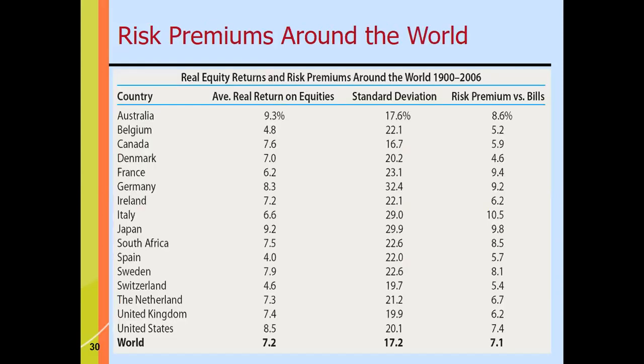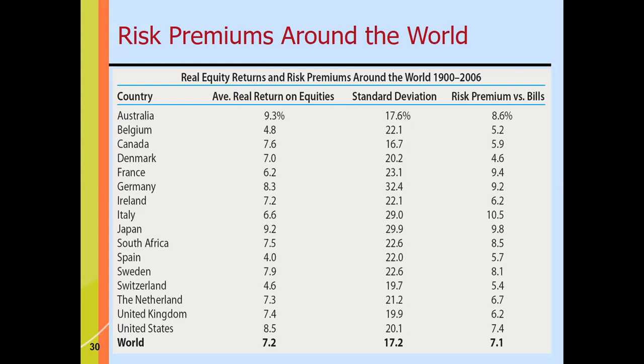And then these are the risk premiums around the world, just a sort of showing. The average real returns on equities would have impact on the standard deviation, and vice versa, the standard deviation on the x-axis would have impact on the average real returns.